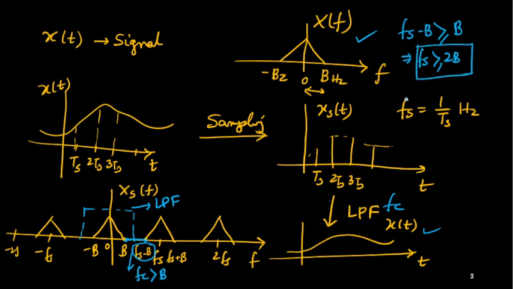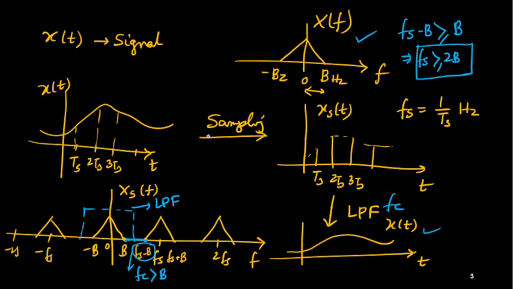It says that if we take a sampling for a signal, and the sampling rate Fs is more than 2B, then we can get back the original signal through one simple low pass filter. This minimum sampling rate is called the Nyquist sampling rate, that is 2B.